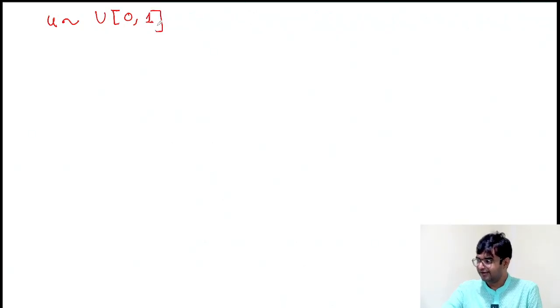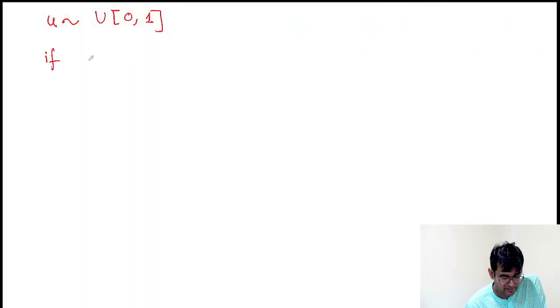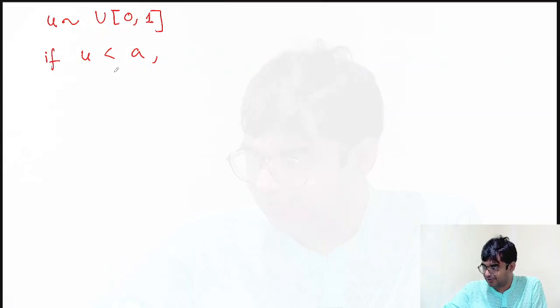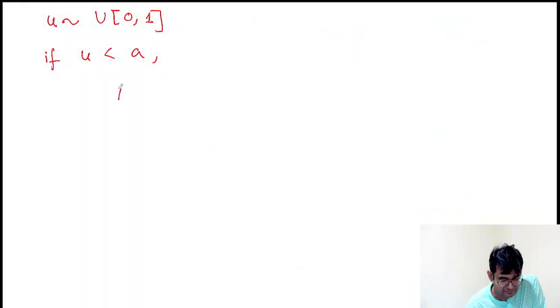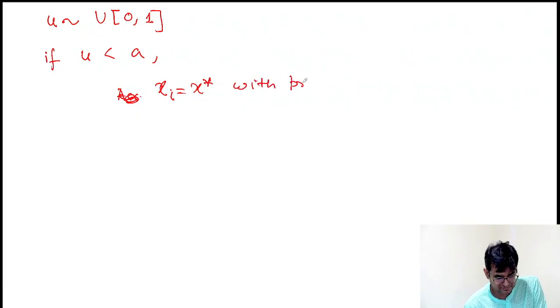So this sample will lie in 0 to 1. And then if u is less than a, that means your acceptance chance is higher than this sample you have drawn, then you will accept. Accept means you will set xi equal to x star with probability a(x star, xi minus 1). This probability is just being written for completeness.